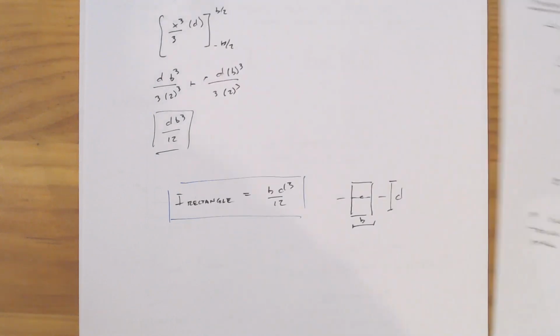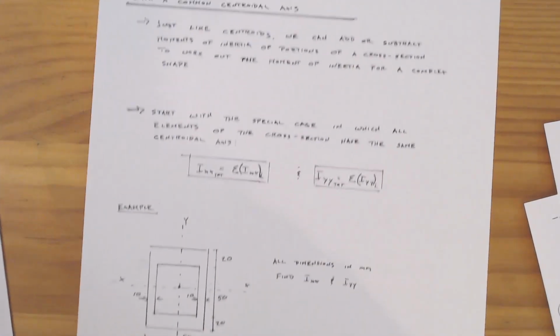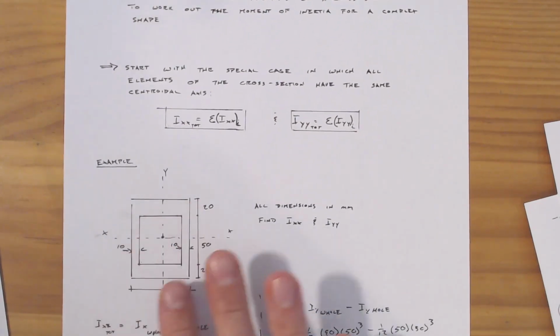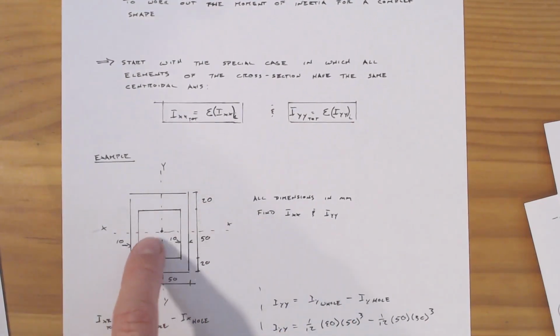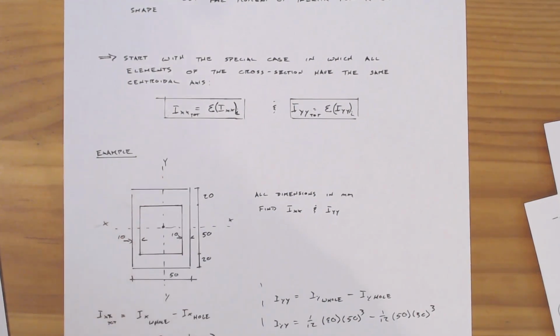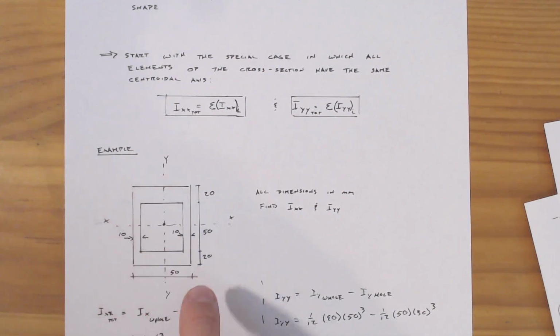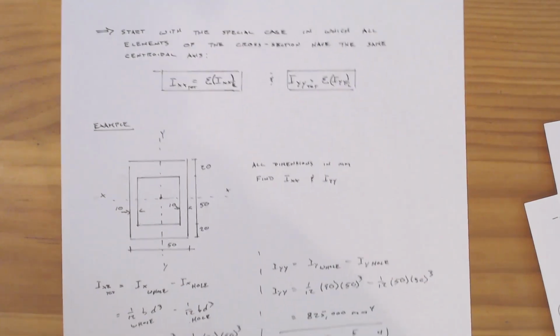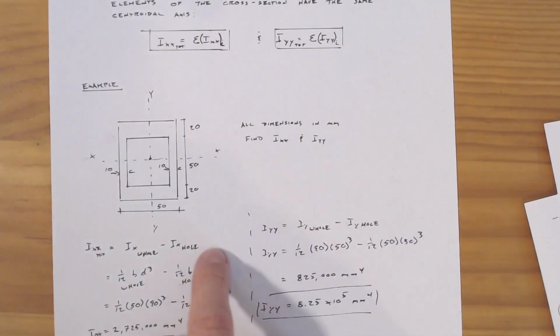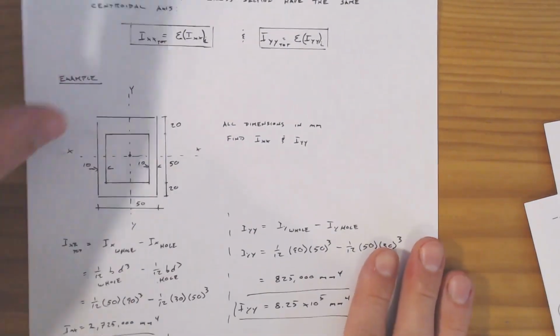There's also the use of circles and triangles, and we've worked out how to do these complex shapes, but only if all the complex shapes share a common centroidal axis. If this axis was somewhere else, or if the shape was non-symmetric, what we did here would not work, and we'll learn how to deal with that in a coming video.